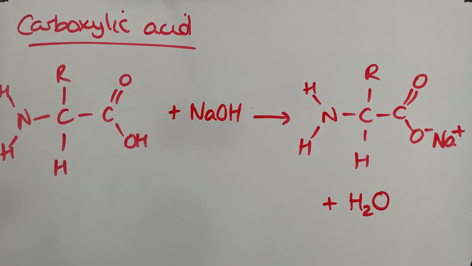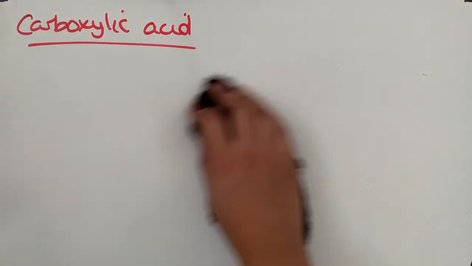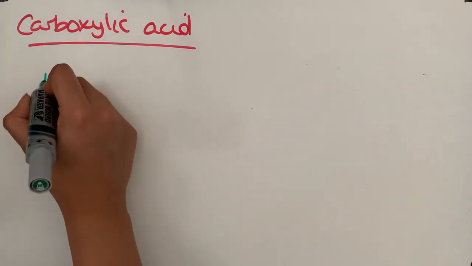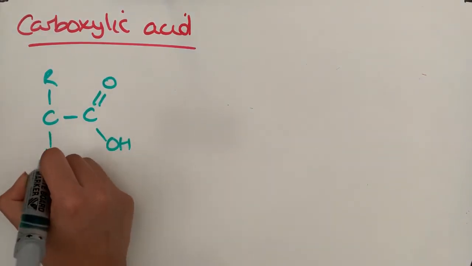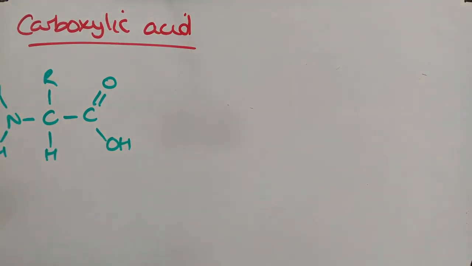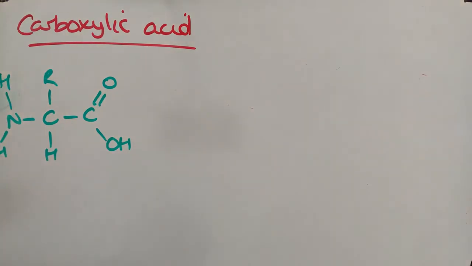Another reaction that the carboxylic acid, or the carboxyl part, undergoes, as you know, is that carboxylic acids react in esterification reactions with alcohols, to form esters. Okay, so let's have a look again. Generic. Like that.